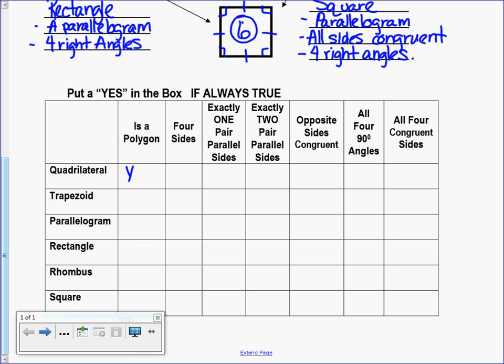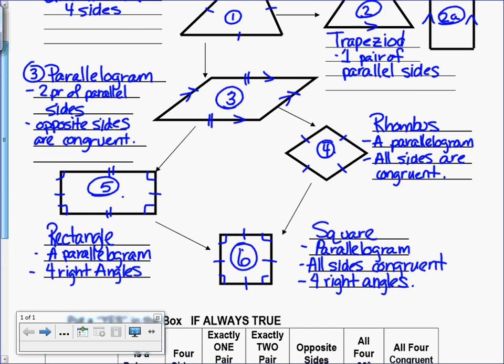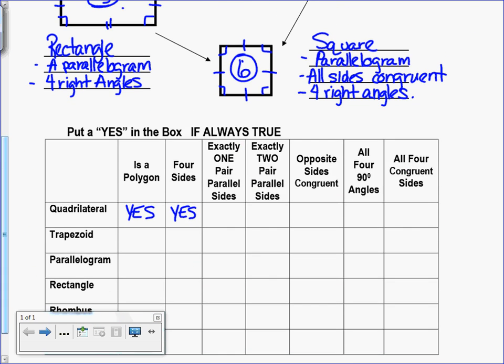So a quadrilateral, yes, is a polygon. Does a quadrilateral have four sides? Yes, it most certainly does. Does it have exactly one pair of parallel sides? Not necessarily. My quadrilateral that I have up above doesn't have one pair of parallel sides. So just a regular old messed up quadrilateral doesn't have exactly one pair of parallel sides. It could, but we're going to go ahead and say no.